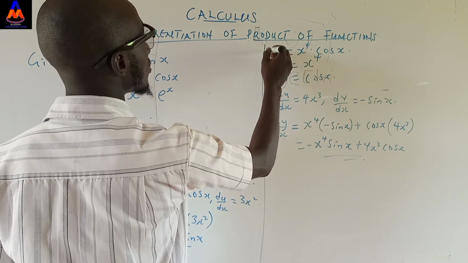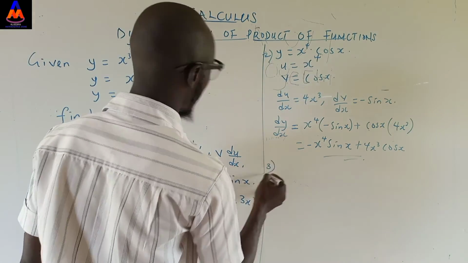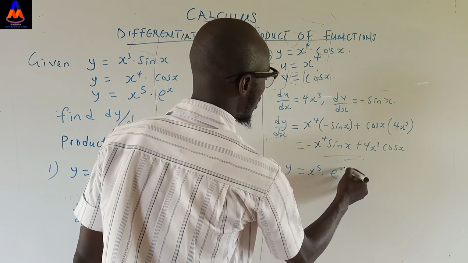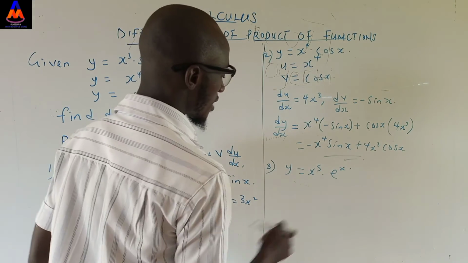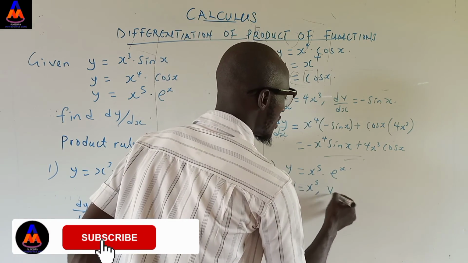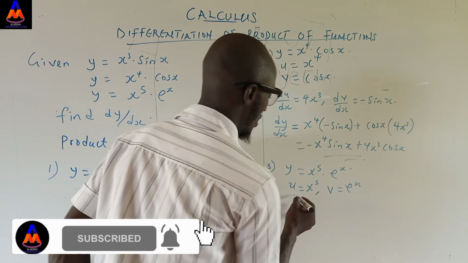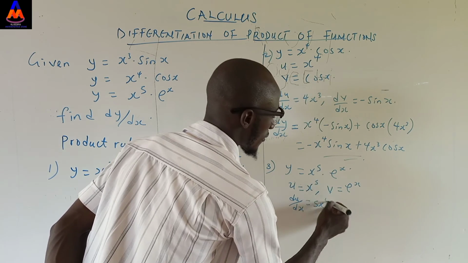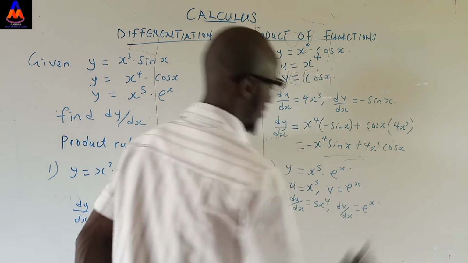This is number 2, this is number 1. Then the last one is also very simple, and that is y equals s to the power 5 exponential x. So in that case, my u is s to the power 5, my v is exponential x. du dx is 5s raised to the power 4. dv dx is exponential x.